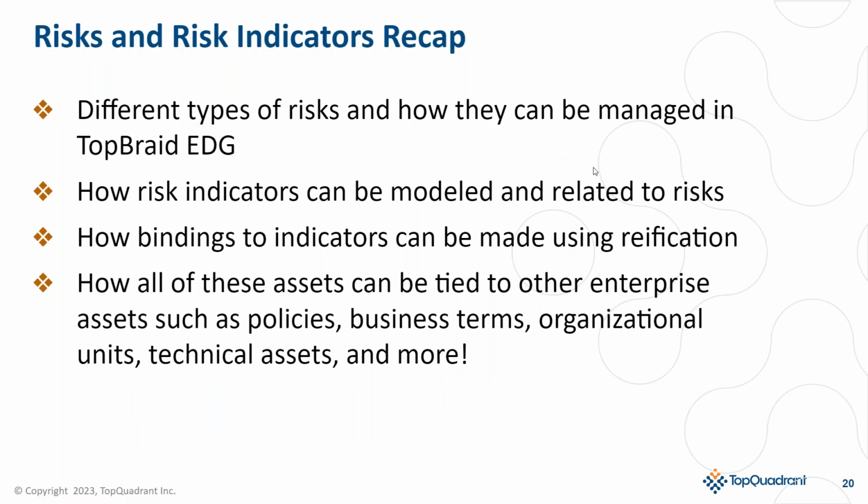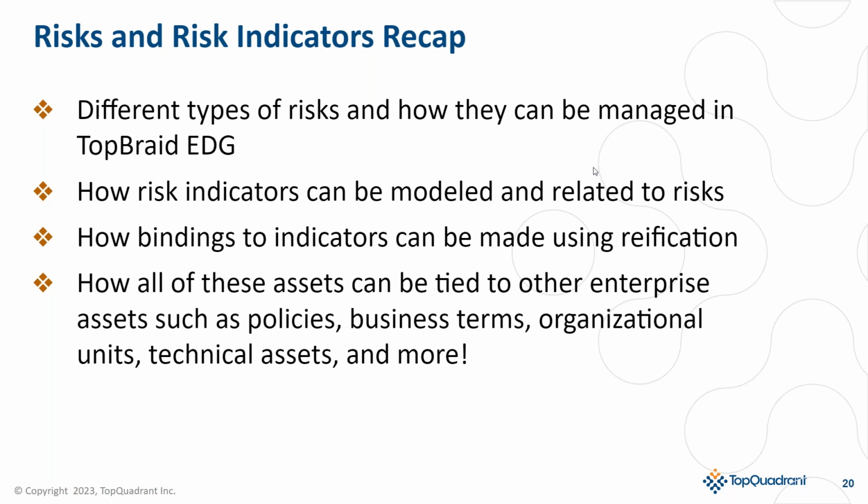So I'm going to close, and then we have a couple of minutes left for questions. But again, just as a recap, obviously there are different types of risks, and I think we've demonstrated how we can manage and govern those risks within TopRate Edge. We've talked about how risk indicators can be modeled and create relationships to those risks, and then create bindings, quantity variables and bindings to the actual values within the actual data that would define and create values for each one of those different indicators.